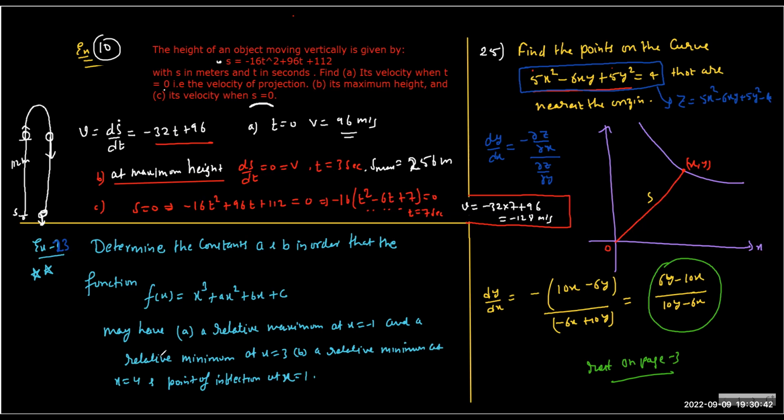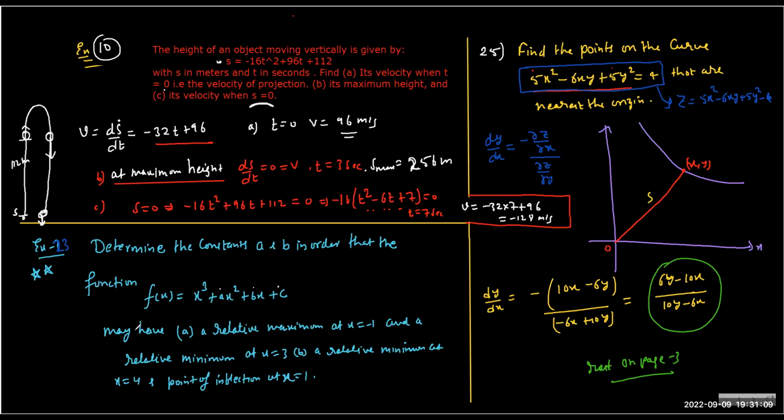Tell me first of all how many variables we have here. A, B, C. Basically, we have three constants A, B, C, and they're not asking for C. You know why? Because if you differentiate, C will always vanish, because that's a constant.